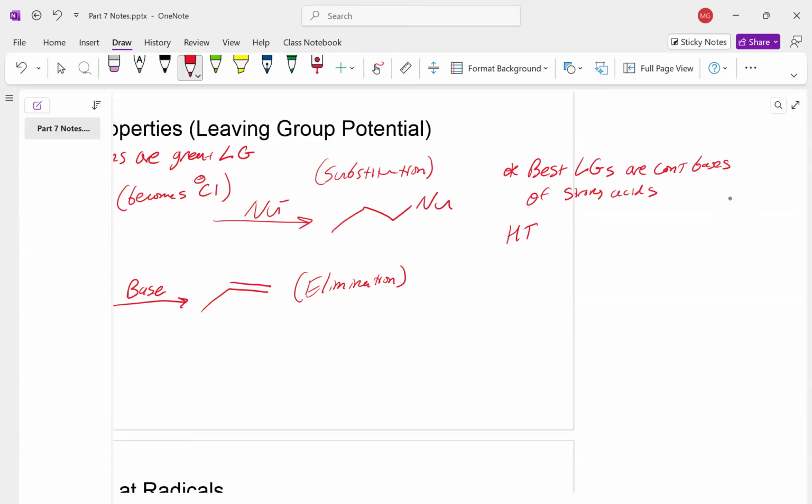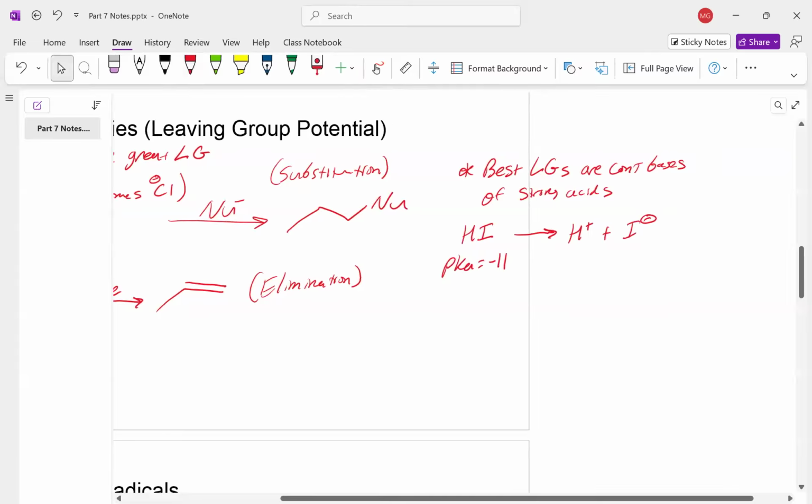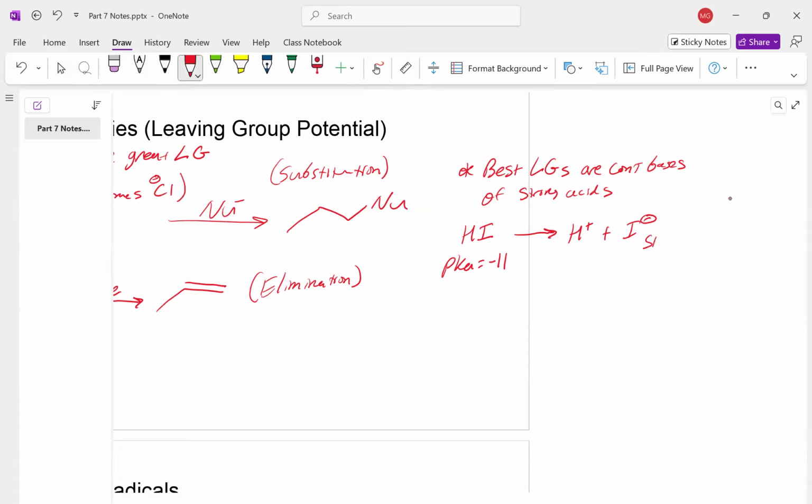So if we think of something like HI, which has a known pKa of -11, that's a pretty strong acid. That dissociates in water to make H plus and I minus. Since HI is so strong, it completely dissociates because iodide is a stable ion on its own. So it's a good leaving group.